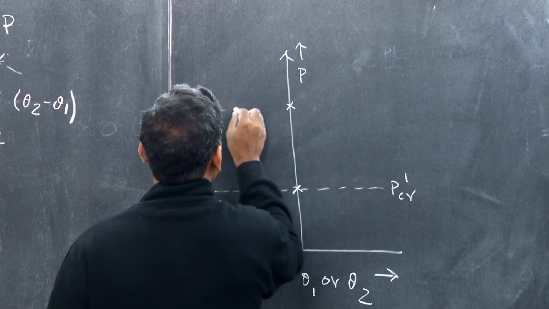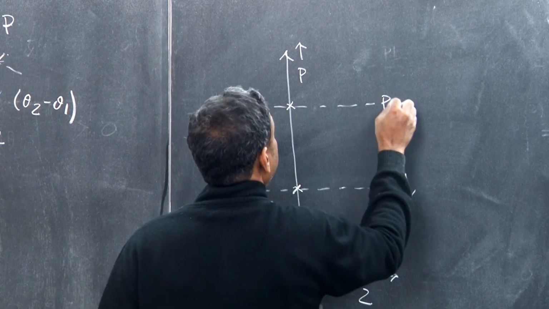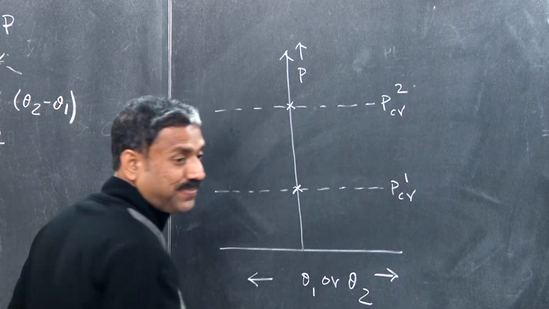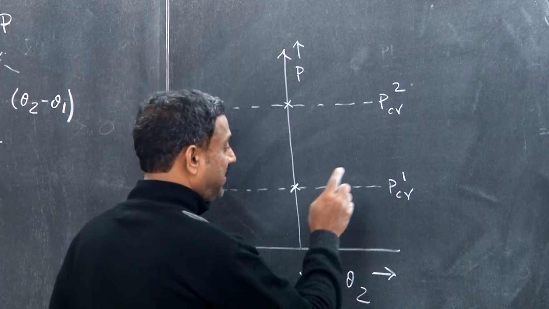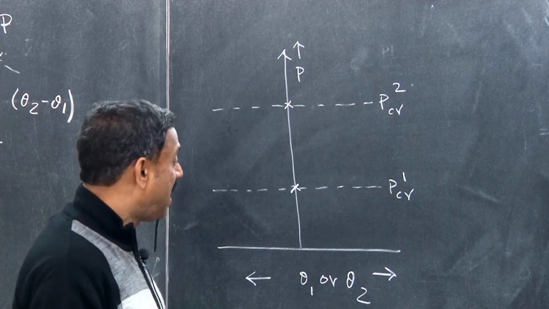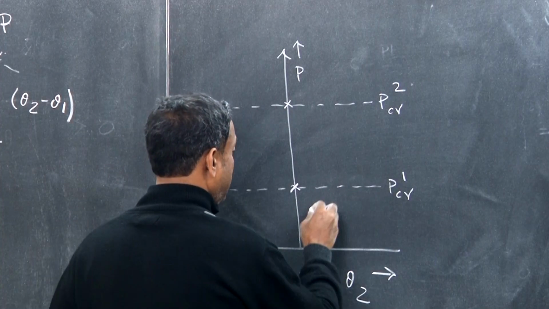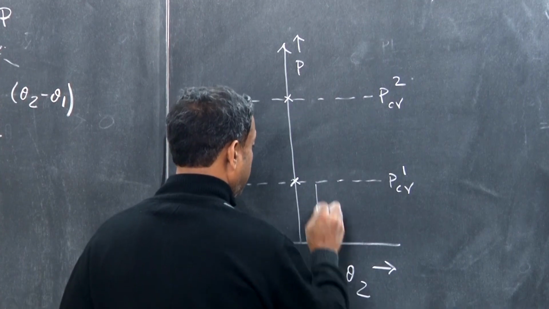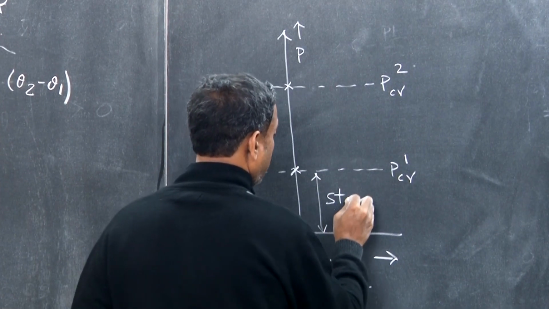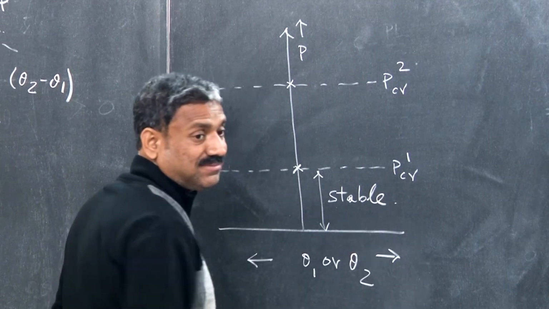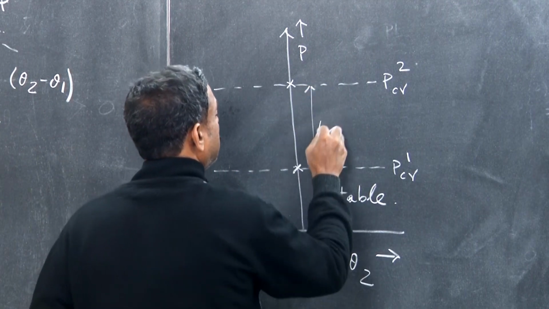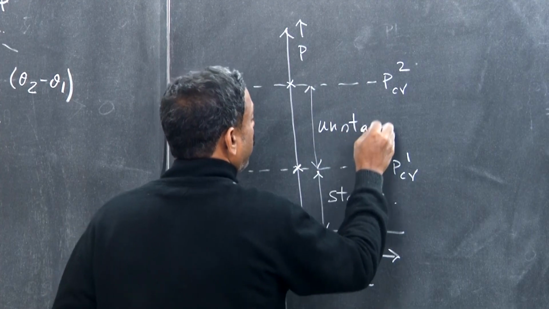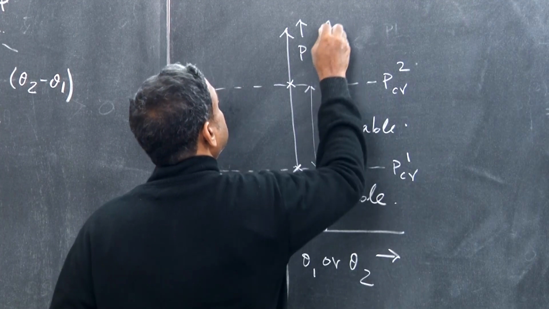PCR1 and here it is PCR2, right? So, if P is less than PCR1, only this region, then only it is stable. If it is here, it is unstable, and here also it is unstable, right?